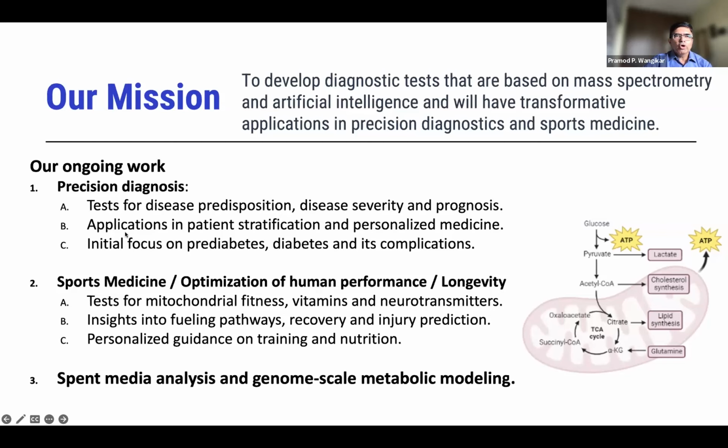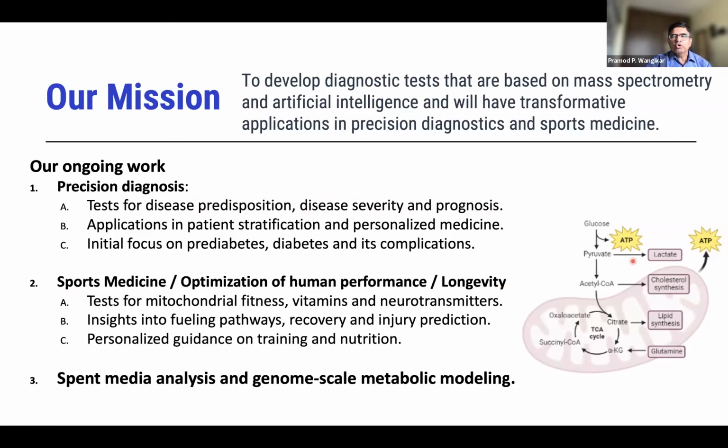And again, two broad areas. One is precision diagnostics, and that's the work that I'm going to present today. Our current focus is on diabetes: predisposition, disease severity, and prognosis. The other area that we're interested in is sports medicine, optimization of human performance, and longevity.